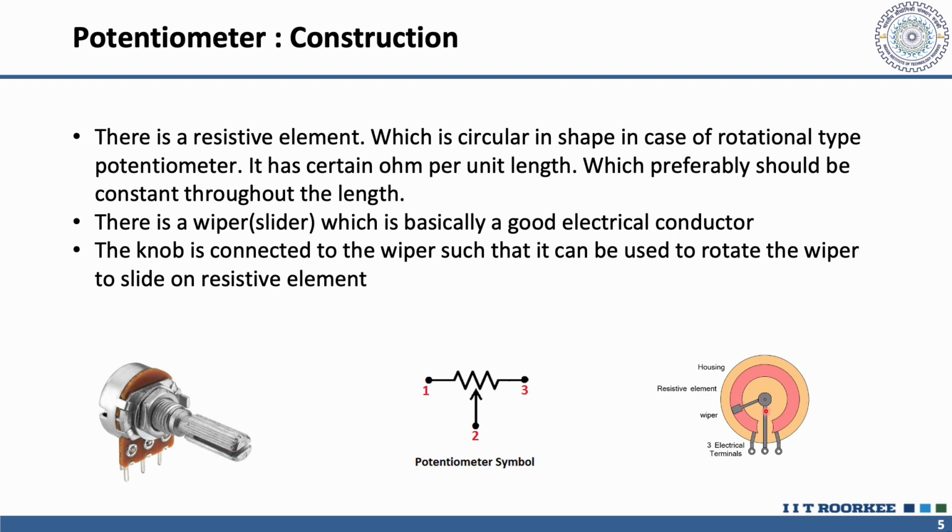This knob is connected to the wiper, and when we rotate this knob, the wiper slides over this resistive element, and when it slides on this resistive element, the resistance between these terminals changes. It is very clear from this diagram, because it has a certain ohm per unit length of resistance, and if this length changes, then obviously the resistance between these terminals will change.